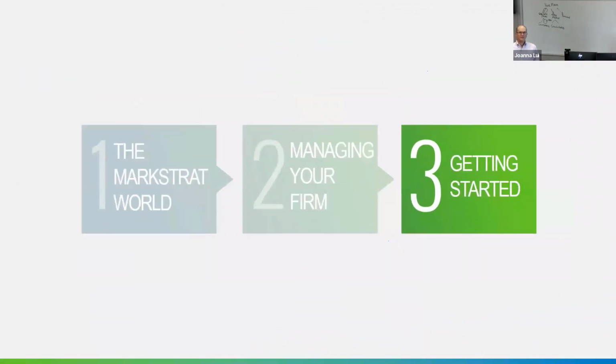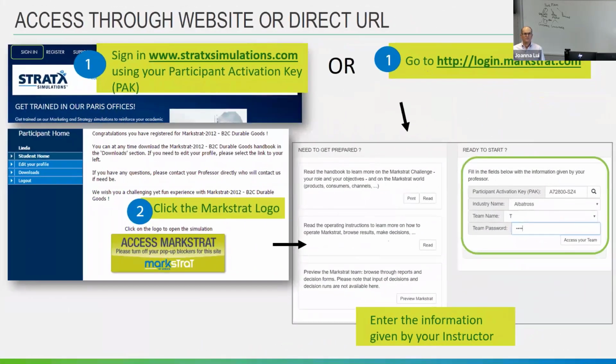Very quickly, let me finish up with the getting started. Hopefully, you're all ready to log on. So you sign in at stratxsimulations.com, put in your participation activation key, and hopefully you'll get that little box over to the right, and it will ask you for your activation key, your industry name, your team name, and your password.